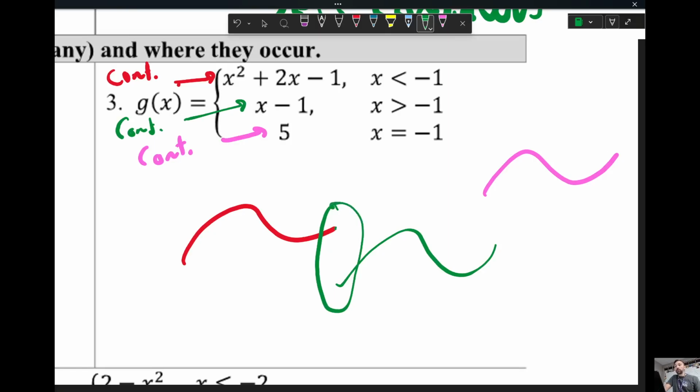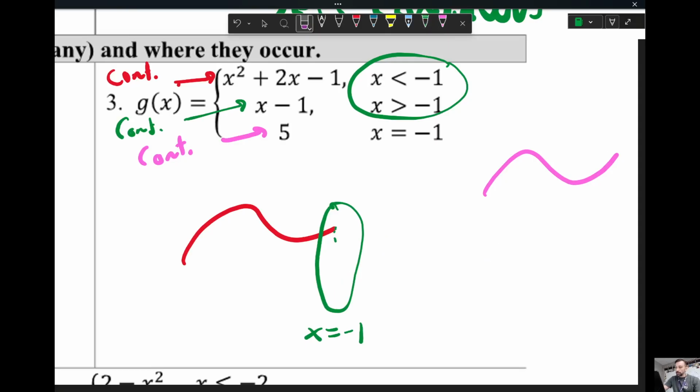I don't care if their y values match up any other time, but when it stops being the red function and starts being the green function, x equals -1, I need these to have the same y value. I need these to connect.